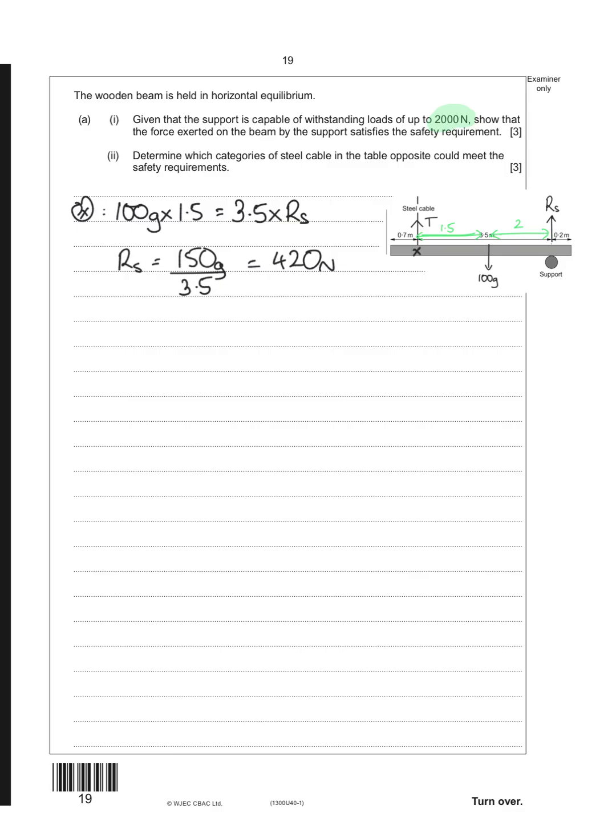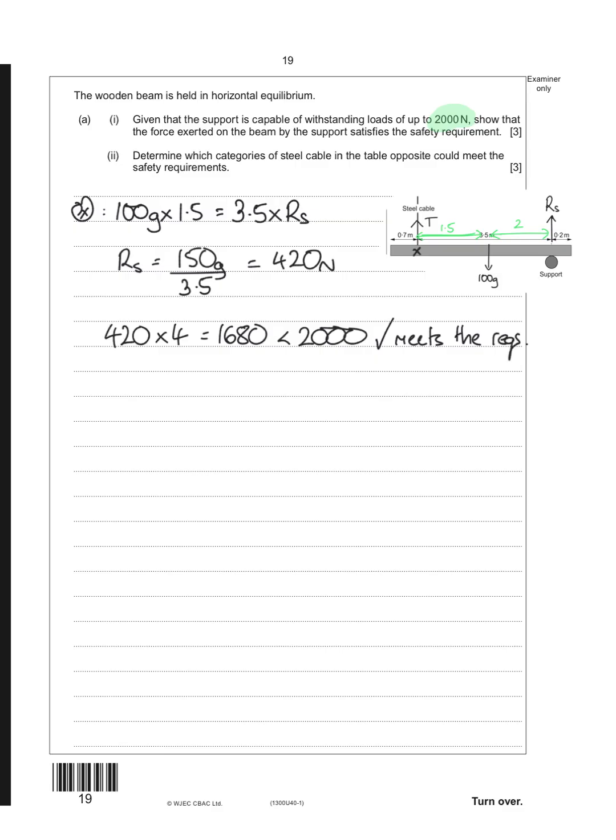The safety information from before said it needed to be able to withstand more than 4 times what it's currently experiencing. So 420 multiplied by 4 is 1,680, which is less than 2,000. So it meets the requirements.